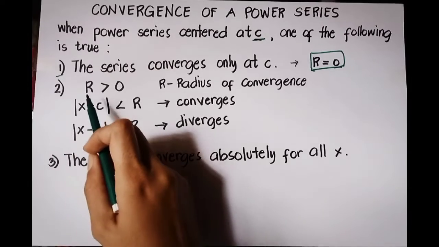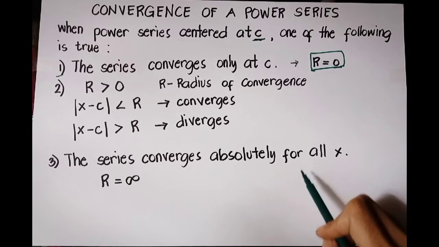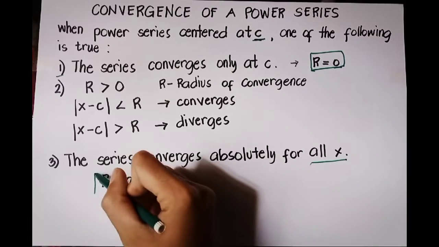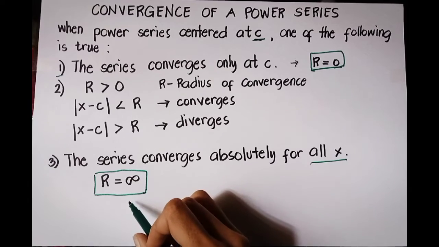However, if the series converges absolutely for all x, therefore the radius of convergence is infinity.